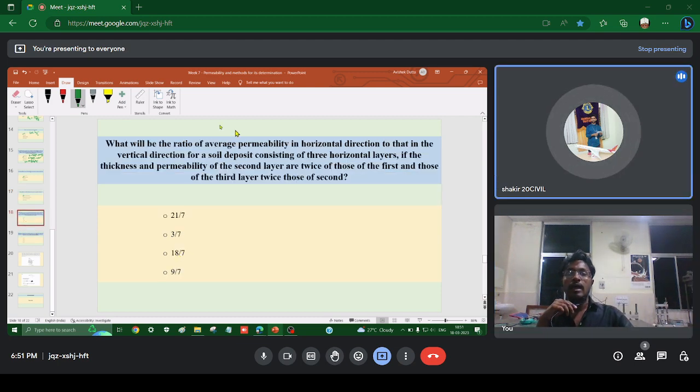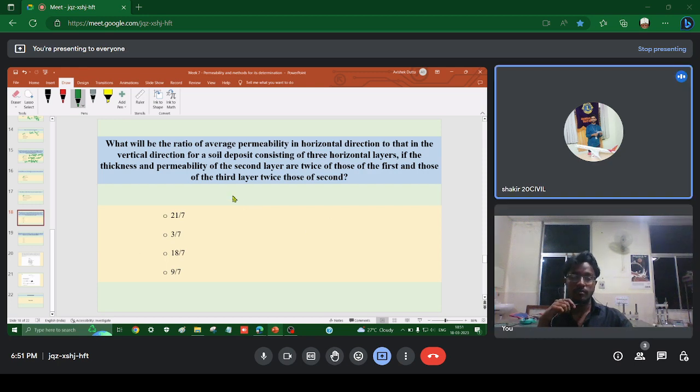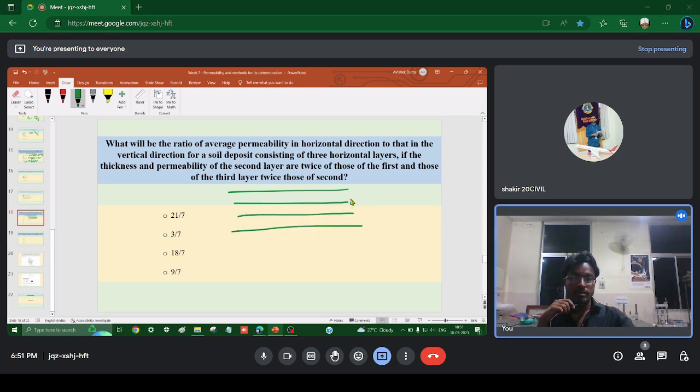Next question. Same thing. I hope you have solved this question. What is the answer? This is the first layer, right? So it has values k and z.